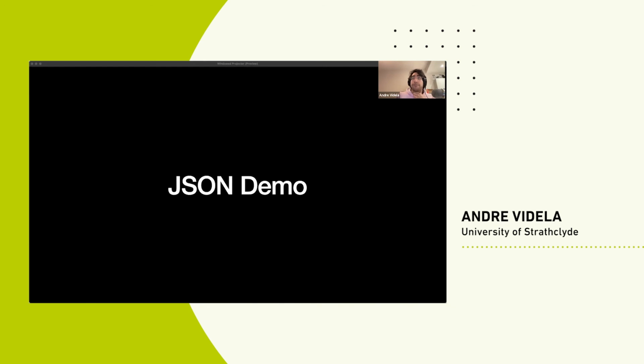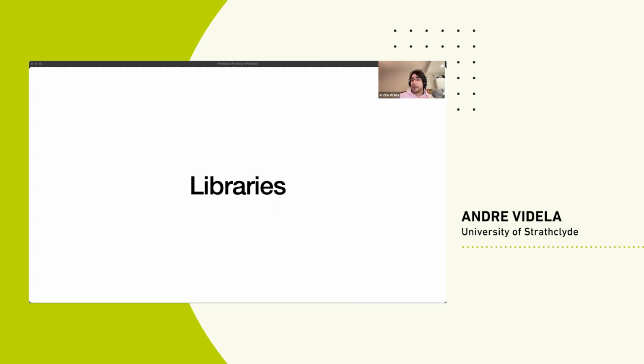All righty. Let's move on to the last part, and that's going to be the libraries. A language is not very useful if it doesn't have any support for its ecosystem. A big part of this ecosystem is the libraries.